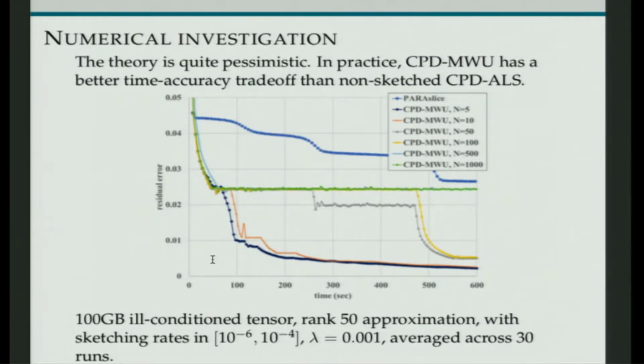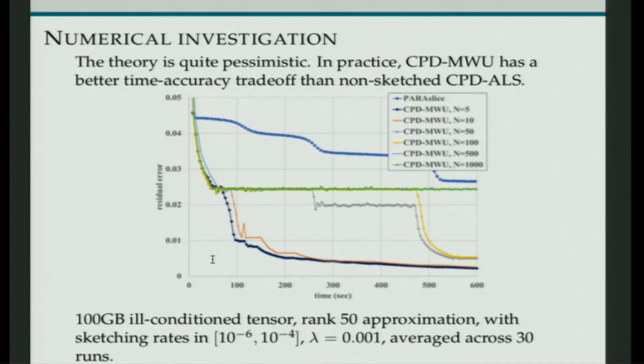Okay. So is that time? Still 10 minutes. Okay. All right, so we'll just cover some numerical investigation of that algorithm. So like I said, that theory is a little pessimistic because it says, okay, I need to guard. But in practice, this has a better time accuracy trade-off than if I don't use sketching. Okay, so here we're looking at this blue line here.